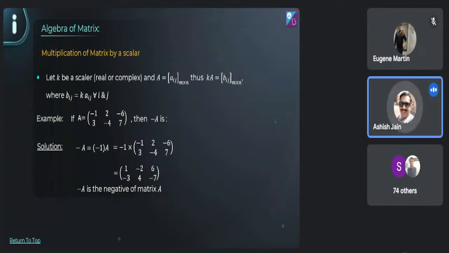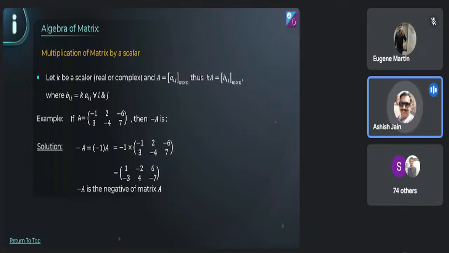So, -A is A into -1: I take -1 as common outside and multiply it by the value of A. So -1 into -1 is +1, -1 into 2 is -2, -1 into -6 is +6, -1 into 3 is -3, -1 into -4 is +4, -1 into 7 is -7.